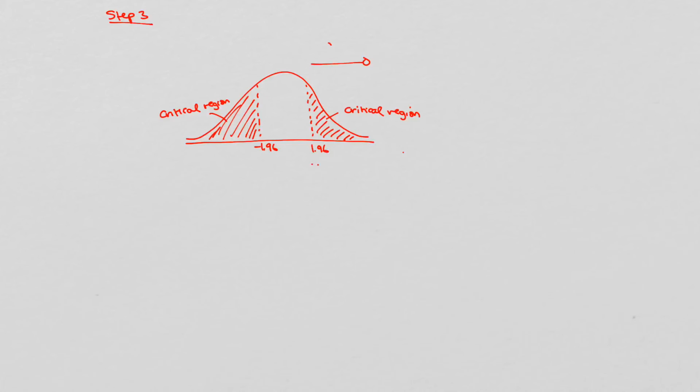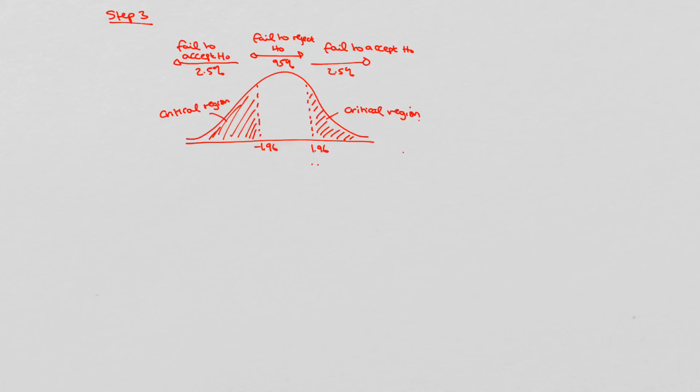If we're in this region, we fail to accept H0. Whereas if we're in this region in the middle, we fail to reject H0. This is 2.5%, this is 95%, and 2.5%.